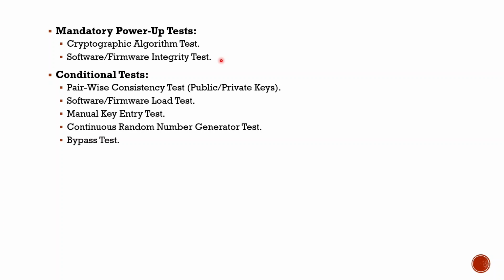A mismatch between the calculated parameter and the previously generated result that was stored indicates that there is a failure. In addition to this, there is another kind of test known as the critical functions test. These test the other security functions critical to the module's secure operation during the power-up.